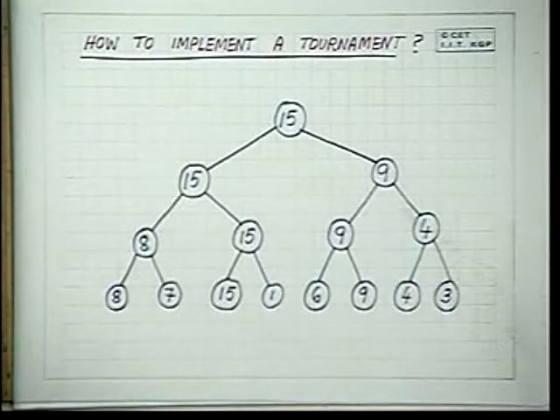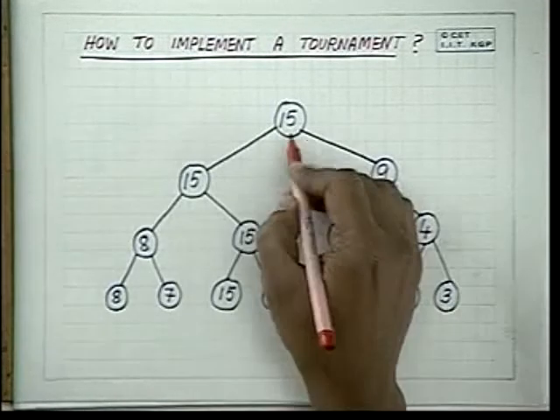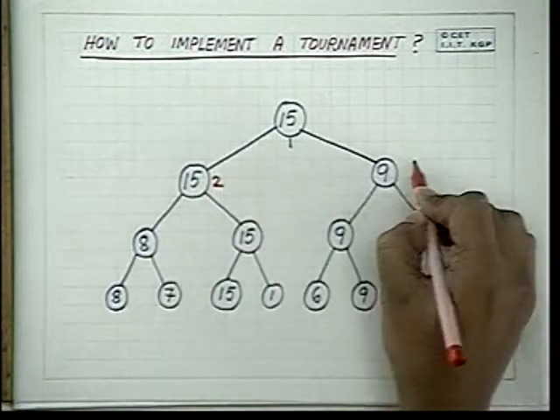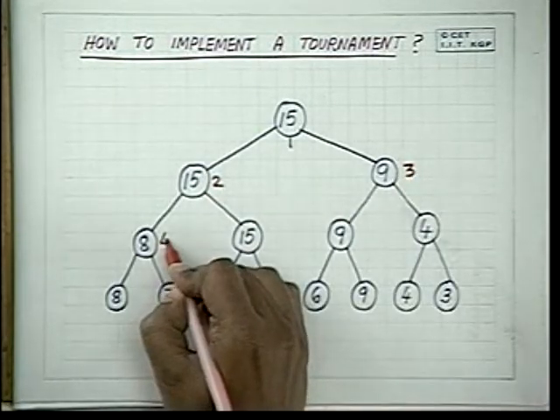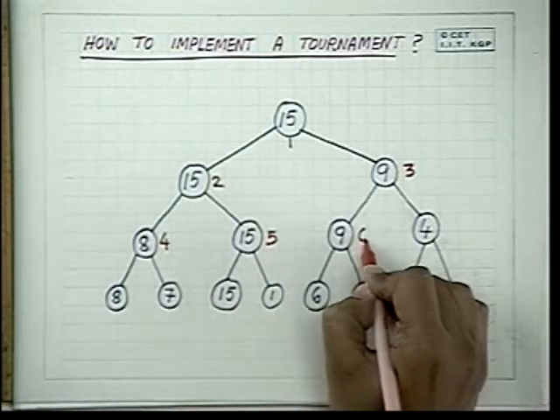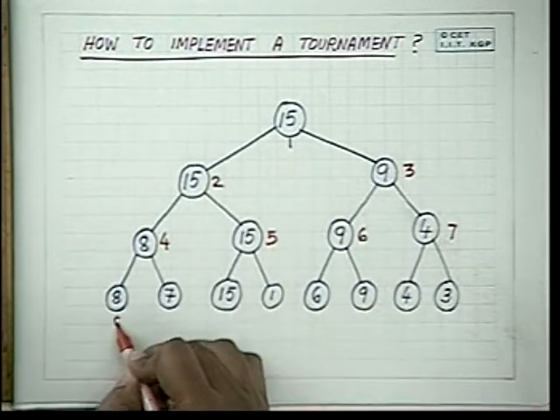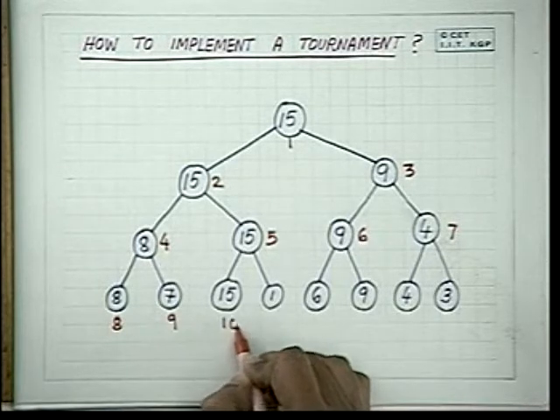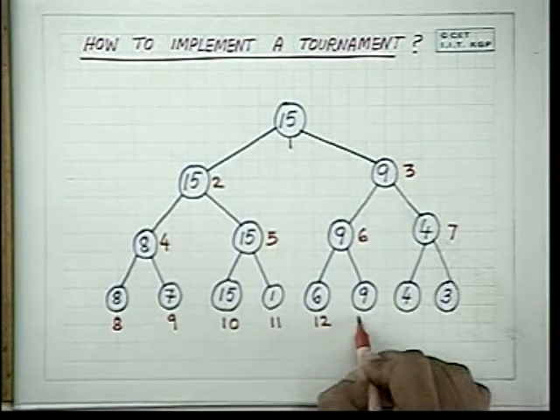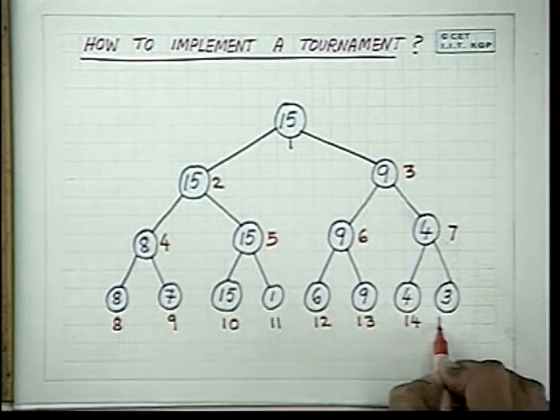Without going into much more detail, I will quickly go into the solution, because I do not want to start discovering how to set up the tournament. But if you have some idea about numbering, then you will see, suppose I did a numbering like this: 1, 2, 3, 4, 5, 6, 7, 8, 9, 10, 11, 12, 13, 14, 15.